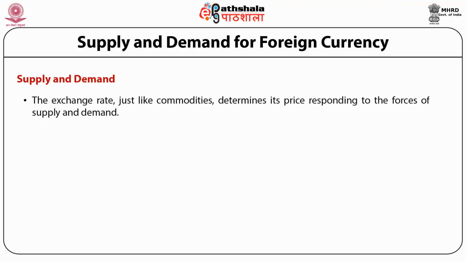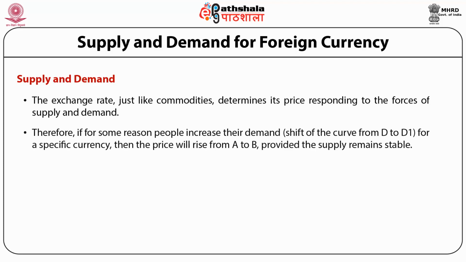The exchange rate, just like any other commodity, determines its price responding to the forces of demand and supply. Therefore, if for some reason people increase their demand, that is, there is a shift in the demand curve from D to D1 for a specific currency, then the price will rise from A to B, provided the supply remains stable.